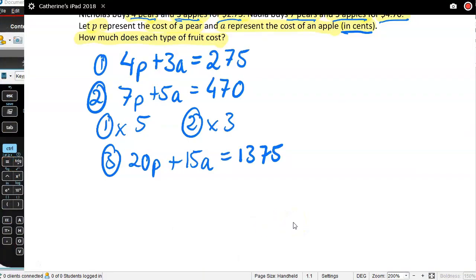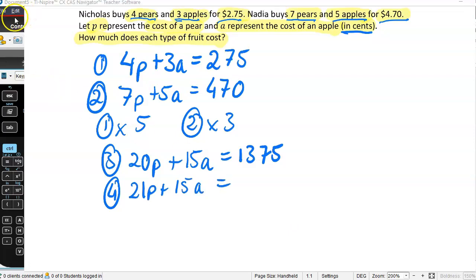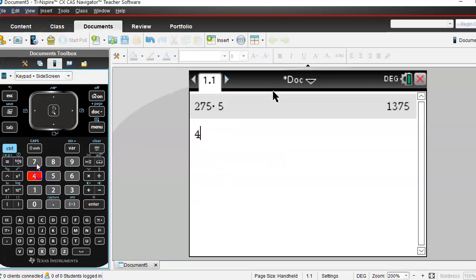And equation 4, so that is 21p plus 15a equals 470 times by 3, 1410.